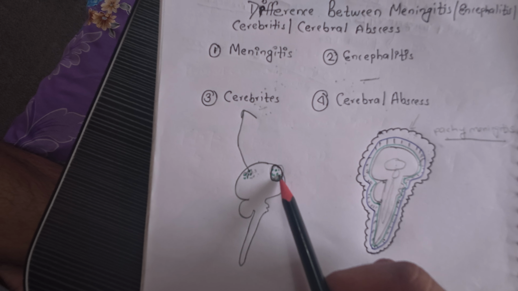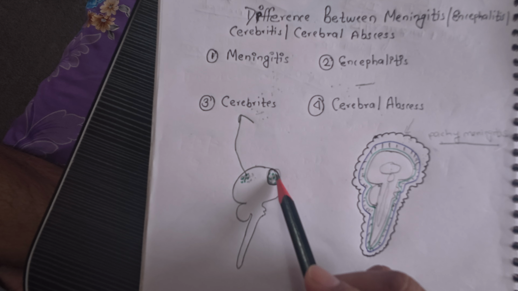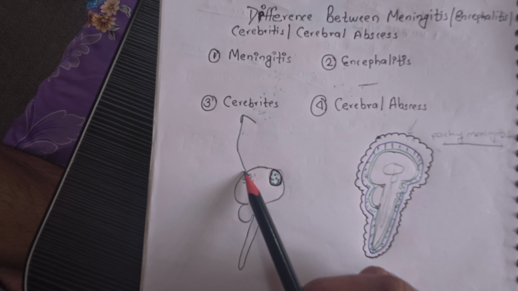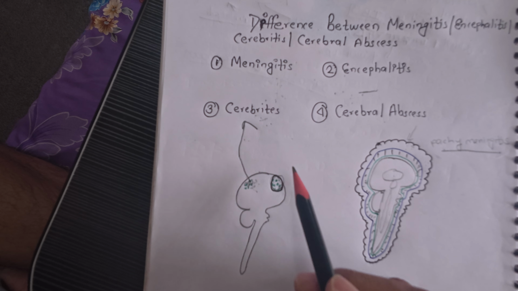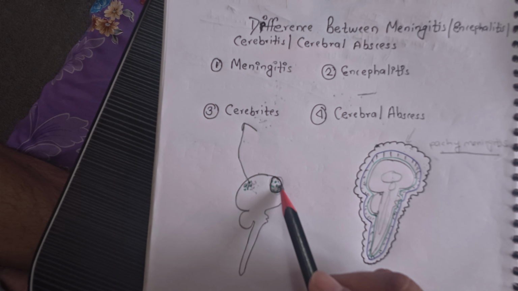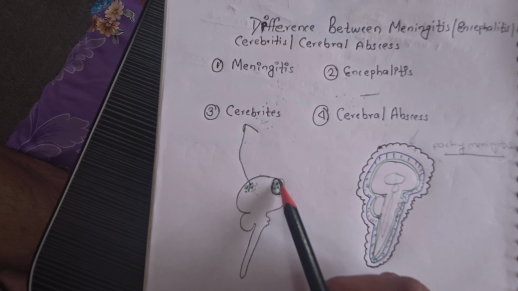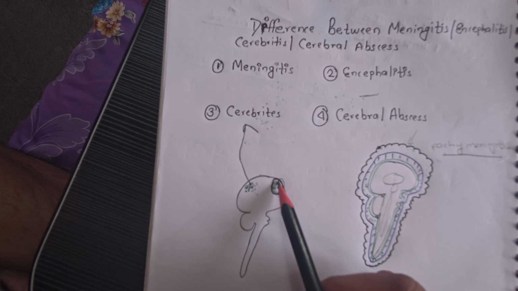The real difference between cerebritis and cerebral abscess is that cerebritis is basically localized uncapsulated inflammation of the parenchyma of the central nervous system, and cerebral abscess is the capsulated inflammation of brain parenchyma.